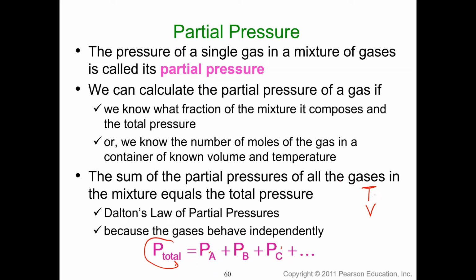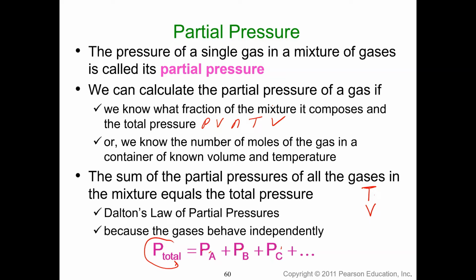So when we look at the variables that define gases, what are the variables? Remember, pressure, volume, and then what? Moles. And temperature. That's it. These are the variables, right? Of course, R is constant.